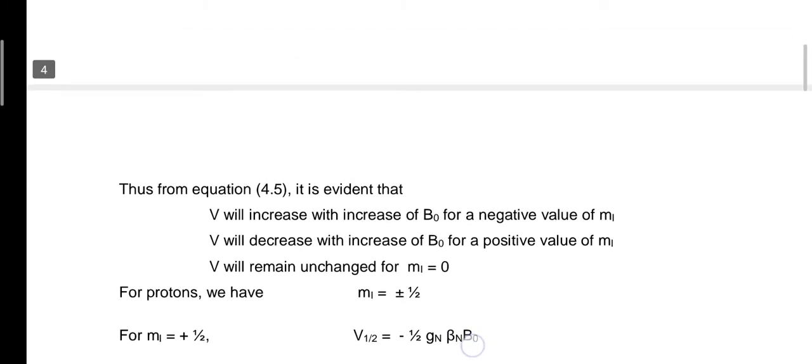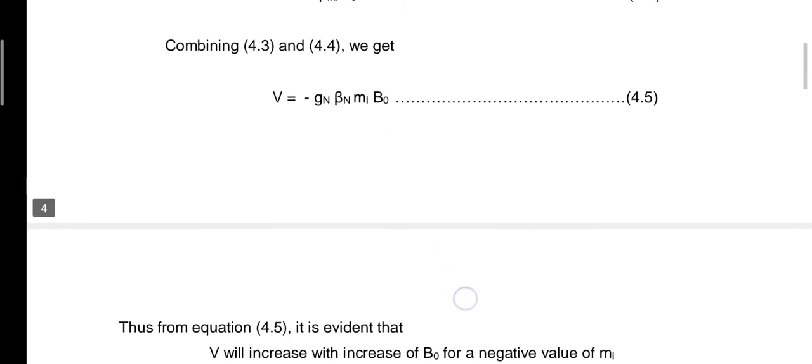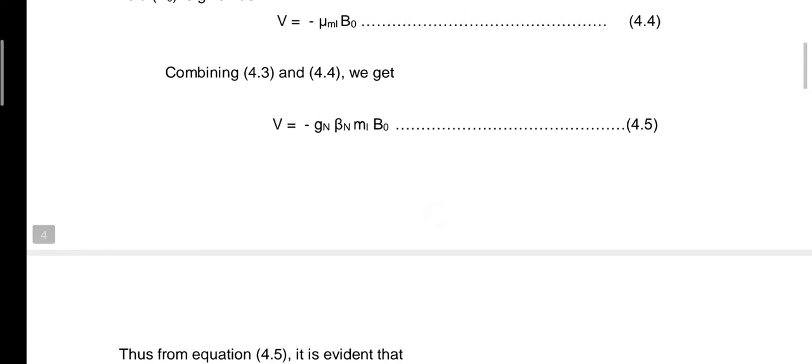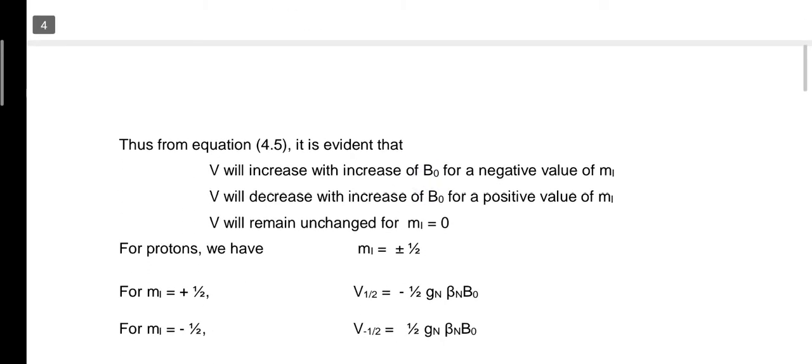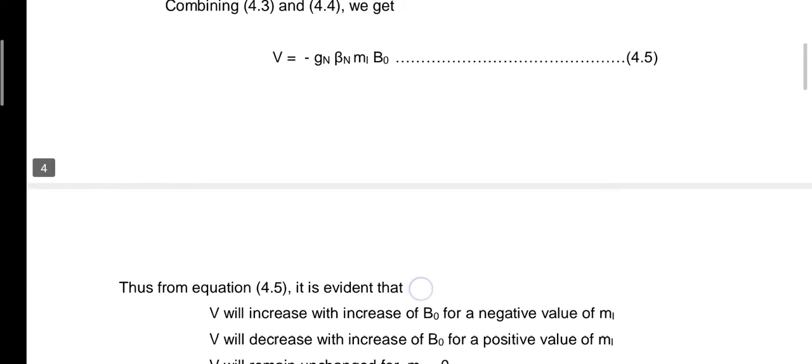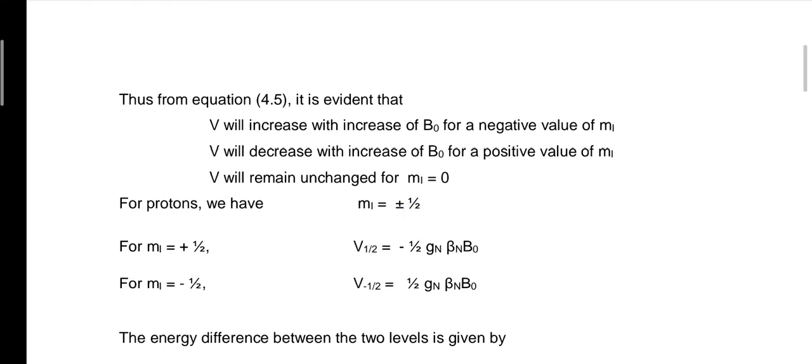From the above, V is the potential energy, equal to minus g_n beta_n m_I B_0. So for m_I of plus half, it becomes minus half g_n beta_n B_0, because there is already a minus sign, and for minus half it becomes plus half g_n beta_n B_0.